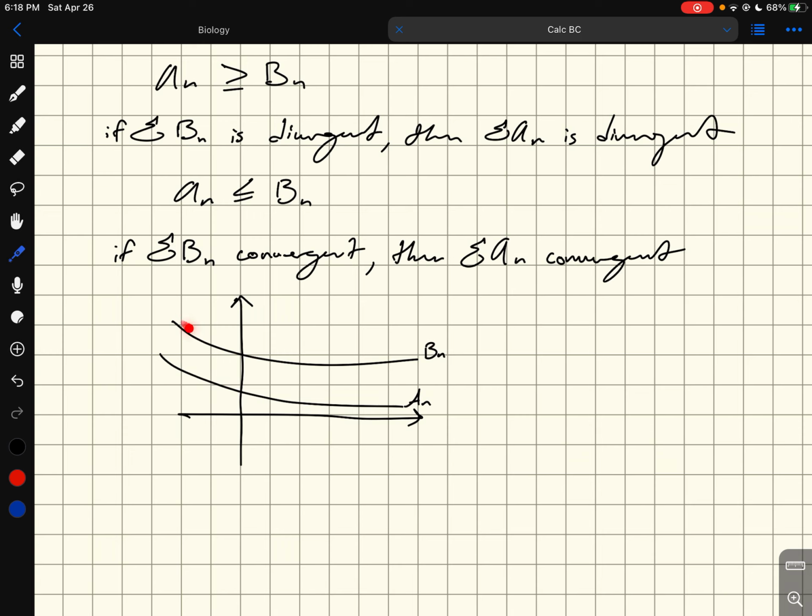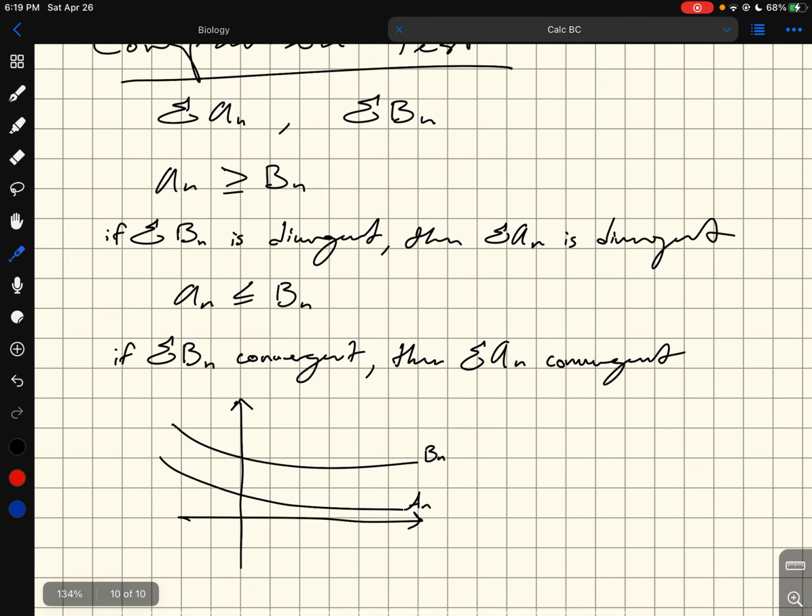But if the bigger one converges, then it basically squashes the smaller one too, to make this one converge. Because remember, converging means the summation goes towards a number. So if the summation of bigger numbers settles down to one number, then this smaller function also has to settle down to one number, because this one is essentially pushing this one down to converge as well.